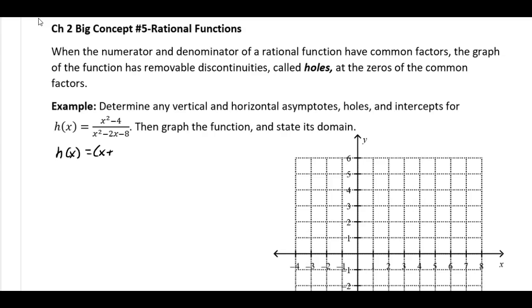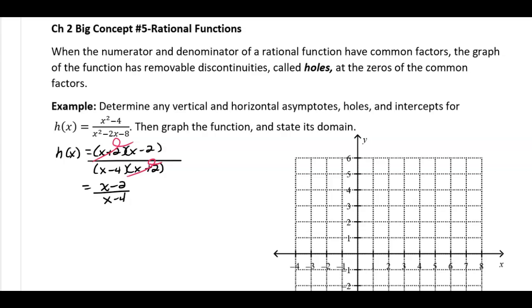So we get x plus 2 on the top, x minus 2 because that is the difference of squares. And then on the bottom, we get x minus 4, x plus 2. Now, notice we have 2 factors that can be eliminated because they are common. So when that happens, we have just the function x minus 2 over x minus 4.